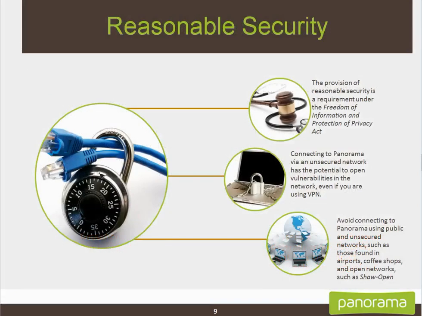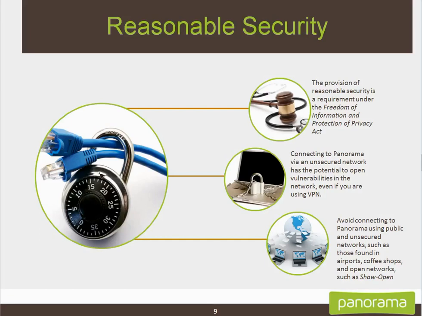All users of Panorama should be careful not to connect to Panorama using unsecured networks. When working outside of the office, make sure to use an IH Air card for network access when using Panorama. The provision of reasonable security is a requirement under the Freedom of Information and Protection of Privacy Act.